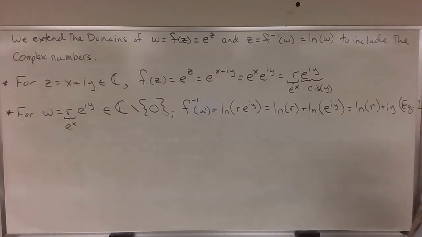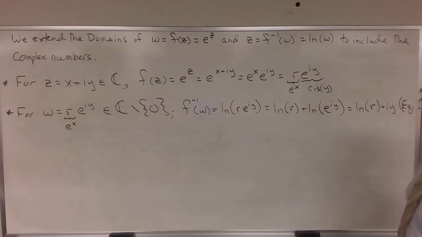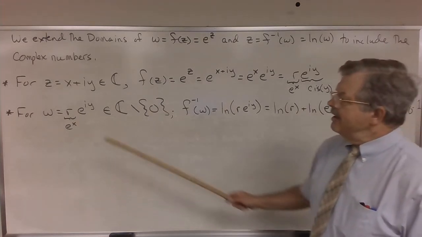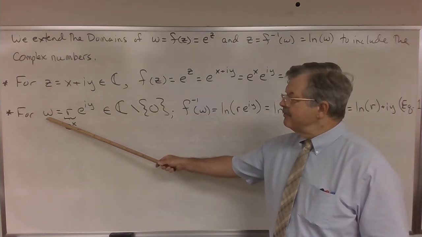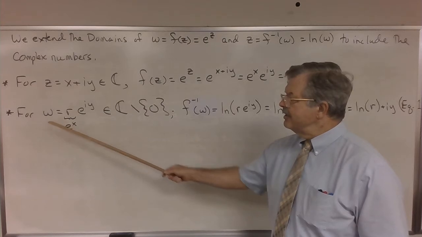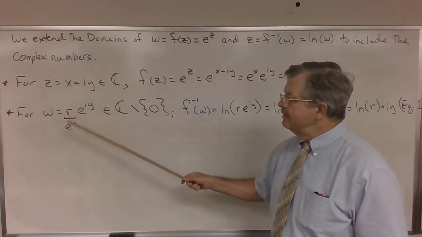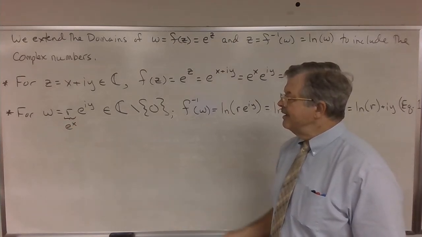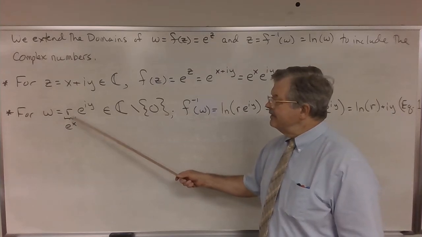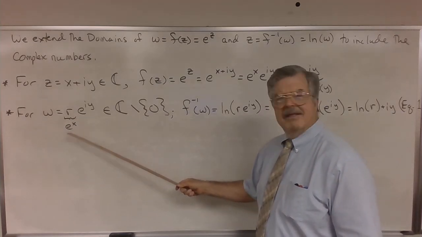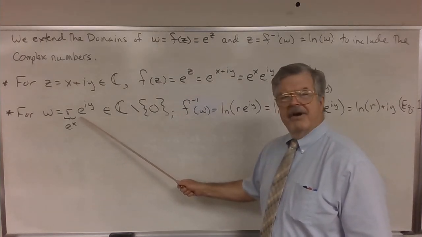Now let's look at the natural log function that we extend to the complex numbers. And we have a complex number in polar form or exponential form, w equals r e to the iy, where r is the modulus of the complex number. And notice, since r is the modulus and it's e to the x, where x is a real number, r is never 0.